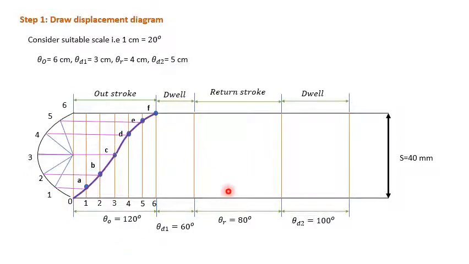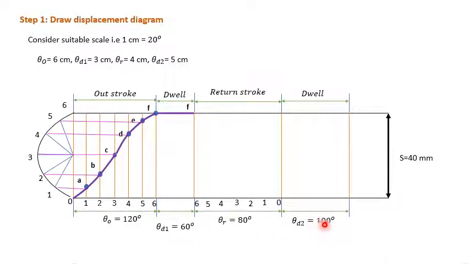For the dwell, simply draw a horizontal line like this, because there is no movement of the follower during the first dwell period.